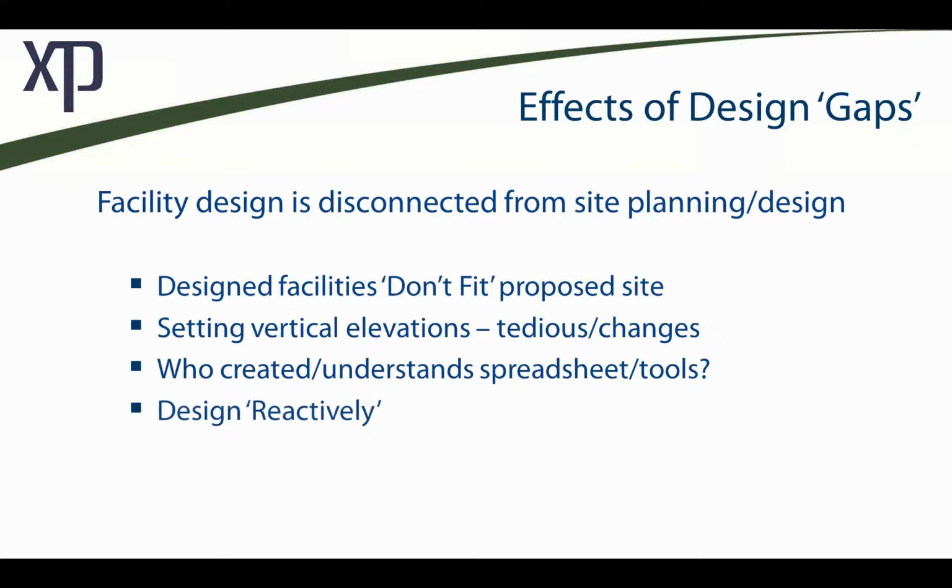With these split design and site planning tools, we're going to very quickly be forced to design reactively, based on the site designer's water resources judgment. So a site designer gives us a parking lot, some paved area, and then they're going to pick where the stormwater facilities can go.